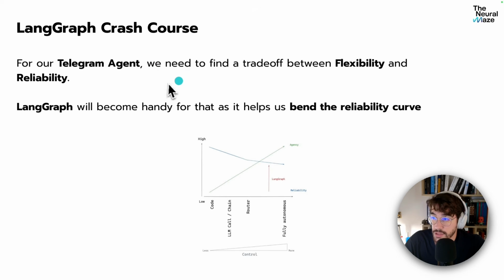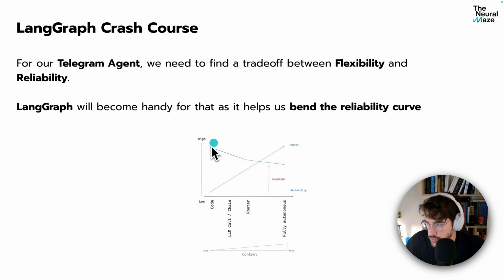Here you can see how the fully autonomous work. For our Telegram agent, we need to find a trade-off between flexibility and reliability. That's the reason why I've chosen LangGraph, because it will become really handy as it helps us bend the reliability curve. What do I mean by this? If you start adding more autonomy to these agents, the reliability is going to decrease.